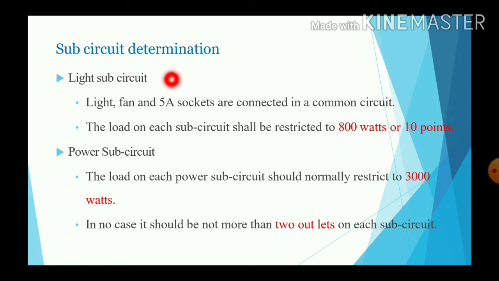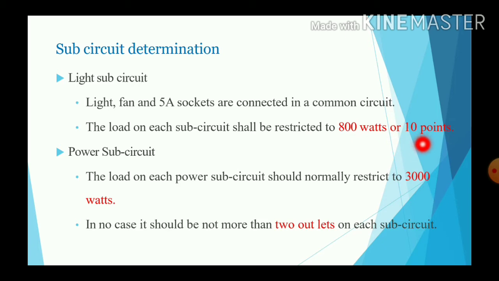First, light sub-circuit. The following points may be considered in the distribution of loads. The first point is light, fan and 5 ampere or 6 ampere sockets are connected in a common circuit. Then the load on each circuit shall be restricted to 800 watts or 10 points.